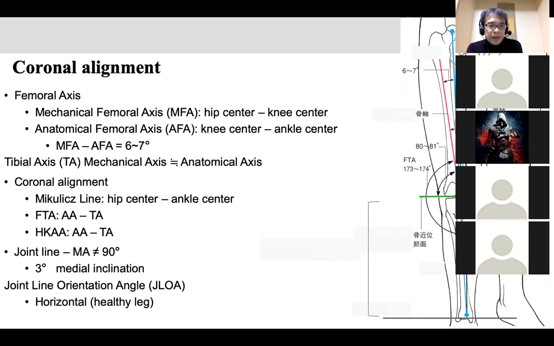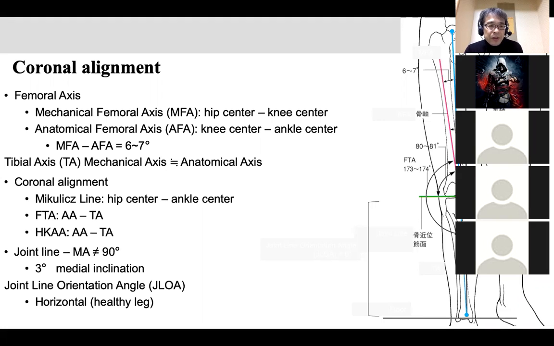And to express the alignment or coronal alignment, we always use the Mikulicz line. That is the line between the femoral head center and the ankle center, and the location where the Mikulicz line passes the knee on the joint line. We express this line, the intersection, as the percentage.